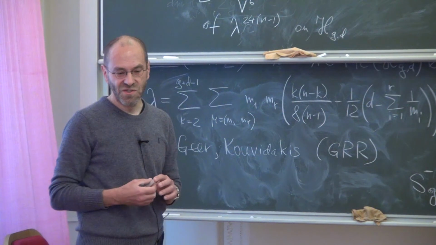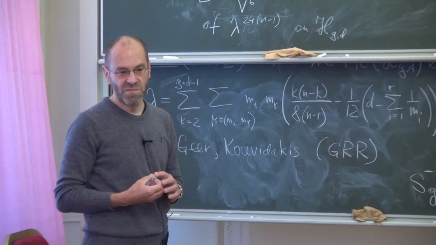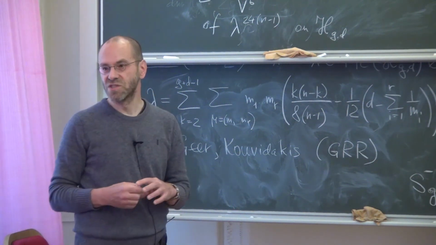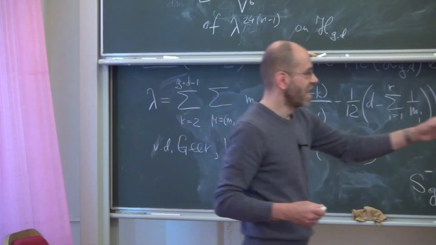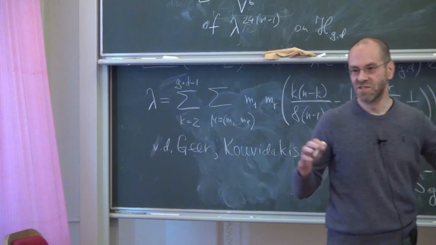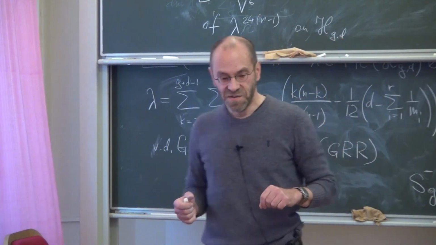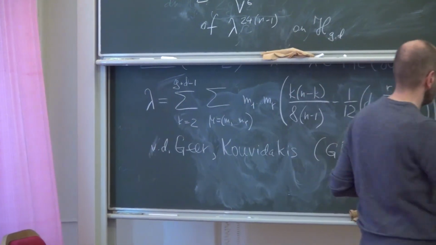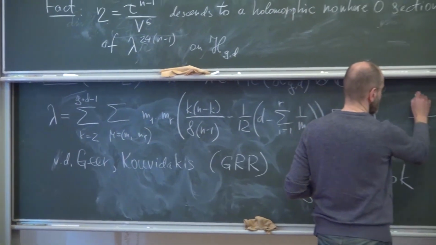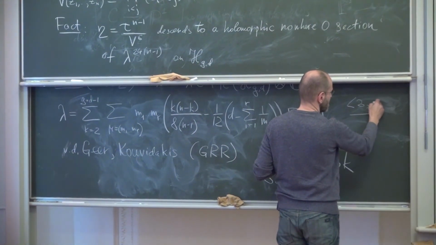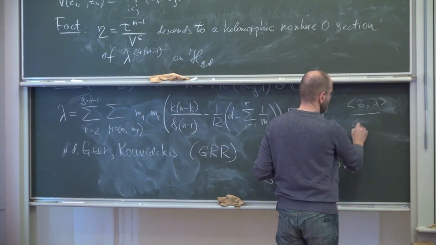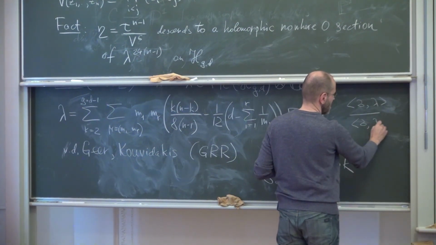Kontsevich and Zorich wrote this number as a ratio of two intersection numbers, which involve lambda, psi, and one mysterious class. So the ratio is of the form: the mysterious class sigma with lambda, over the class sigma with psi.